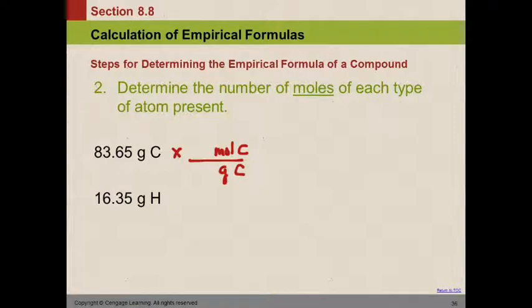The relationship between grams and moles comes from the periodic table. Here there's no formula because this is an element, not a compound. So we just look up under C, it says 12.01. So that's our number right here.